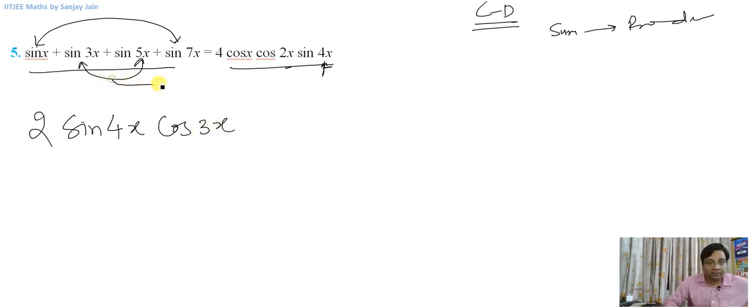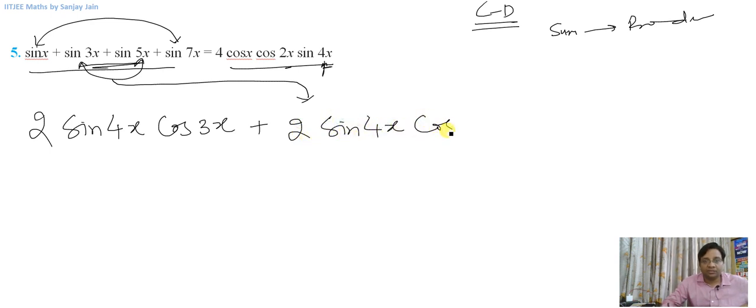Now result of this will be written here, plus sin c plus sin d, 2 sin (c plus d)/2, that is 4x, cos (c minus d)/2, 3x minus 5x is minus 2x, minus 2x by 2 is minus x, but cos of minus x is cos of x itself. So this is my left hand side. Okay, I am working on my left hand side.